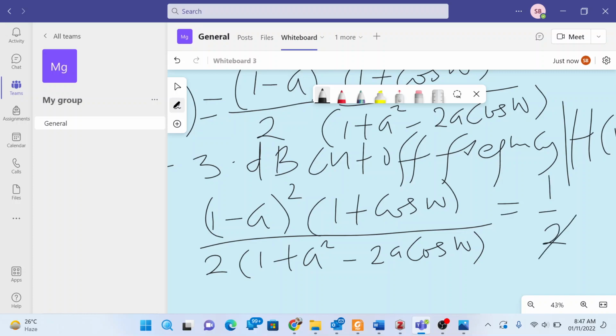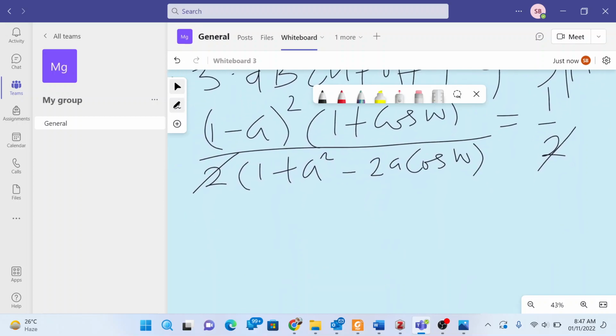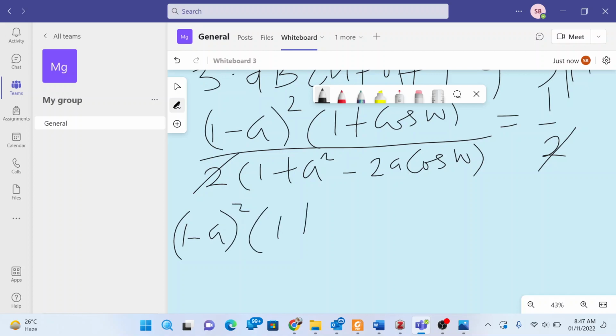So these two will cancel this 2 here, and when we cross multiply, we are going to have 1 minus a squared, 1 plus cos omega will be equal to 1 plus a squared minus 2a cos omega.